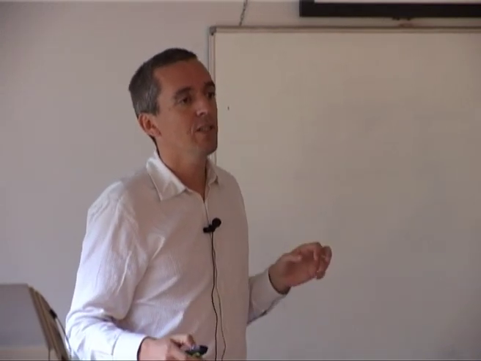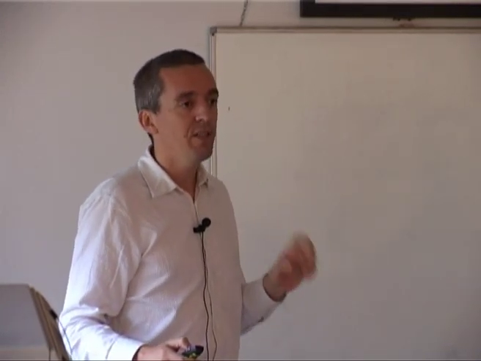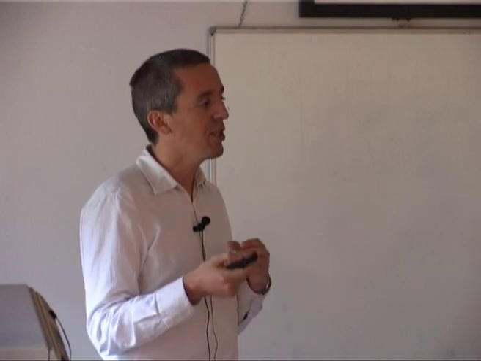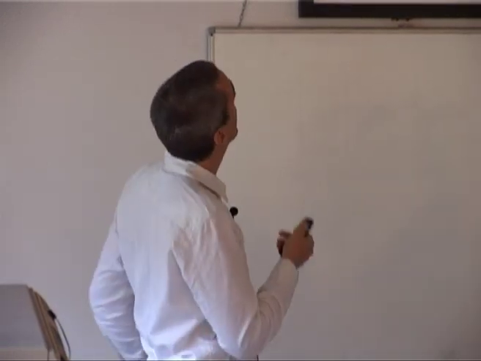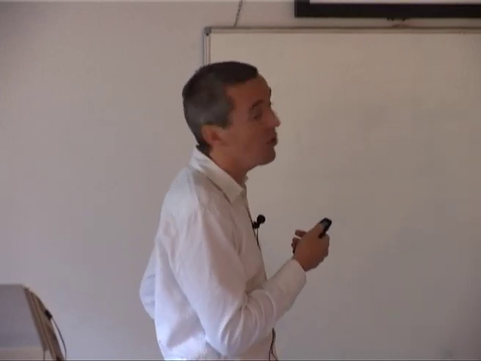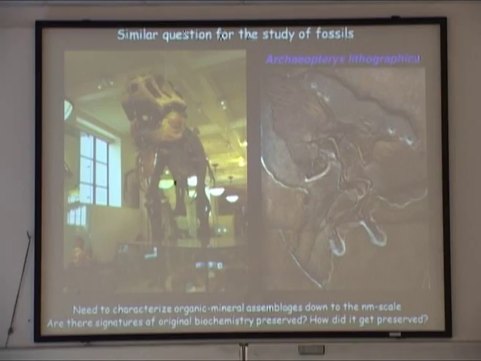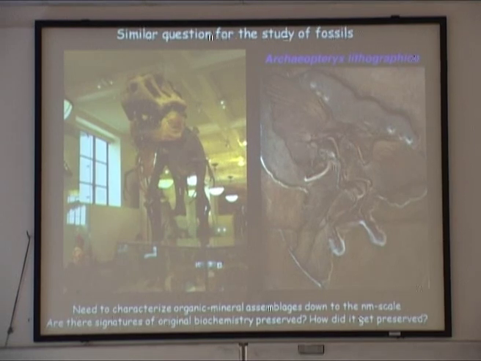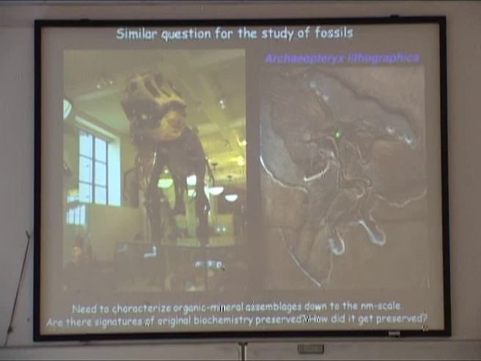I just make a very short note. Actually, it's not only of interest to people working on interactions between life and minerals. It's also of interest to people working on fossils. And okay, those are two fossils, but basically the questions are the same. If you want to better understand what is preserved in those fossils and how it got preserved in such a nice way.